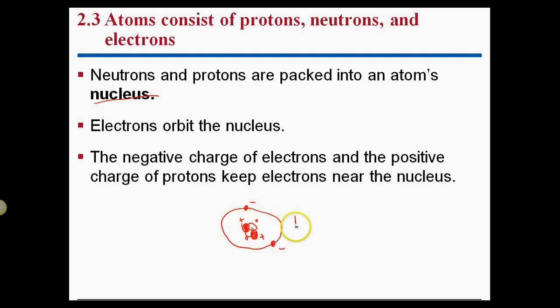And that would be helium. So you always find the negative charge around the outside and the positive charge in the nucleus. Positive nucleus. Electrons orbit the nucleus.